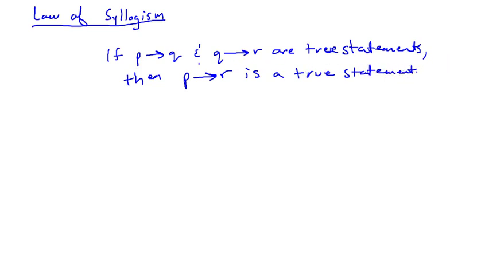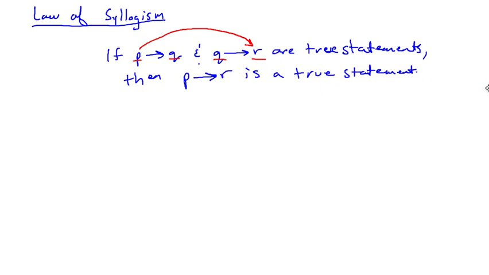And so that's basically saying if something implies something else is going to happen, and then that something else, the Q, leads to another thing happening, well, it's logical to say that if the first one happens, the last one's going to happen, right?